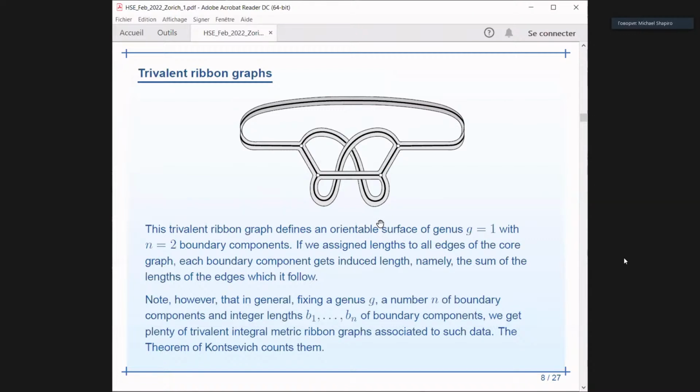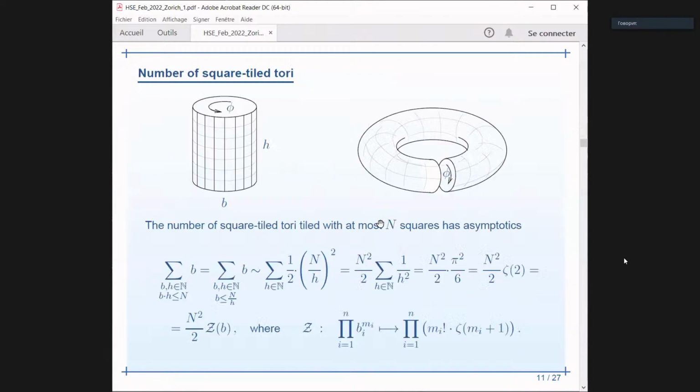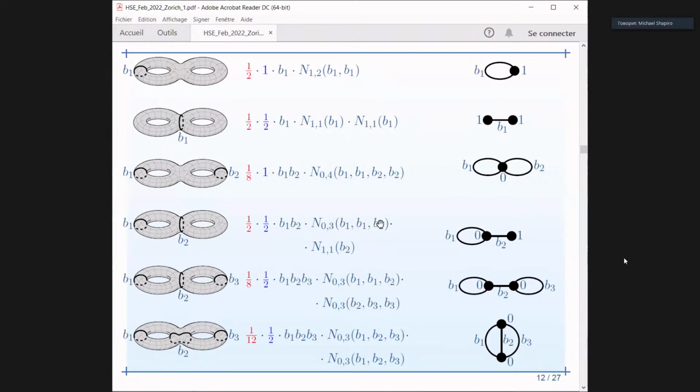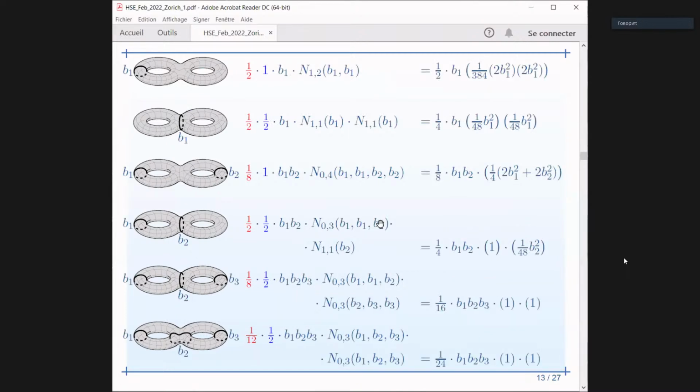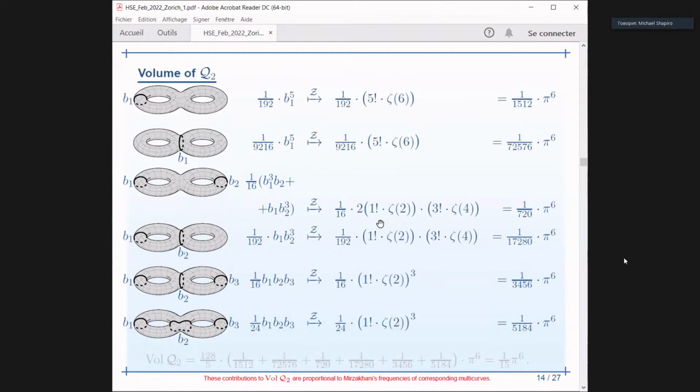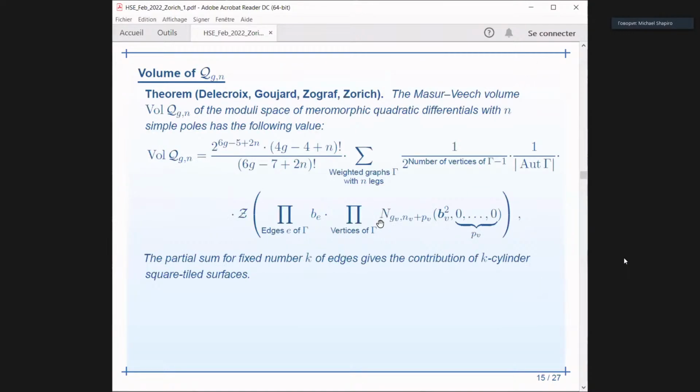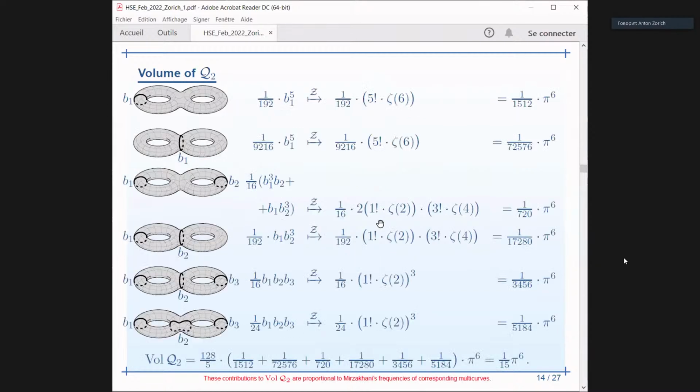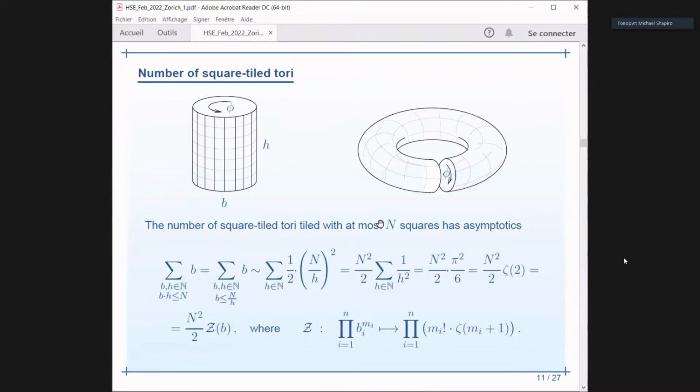Yeah, the page when you computed the number of square-tiled graphs, just like for the torus. Yes, here it is.